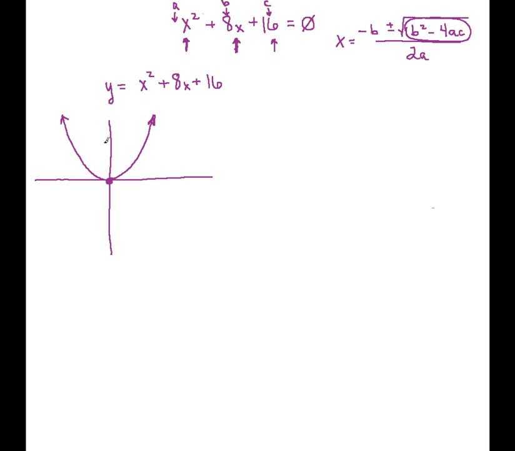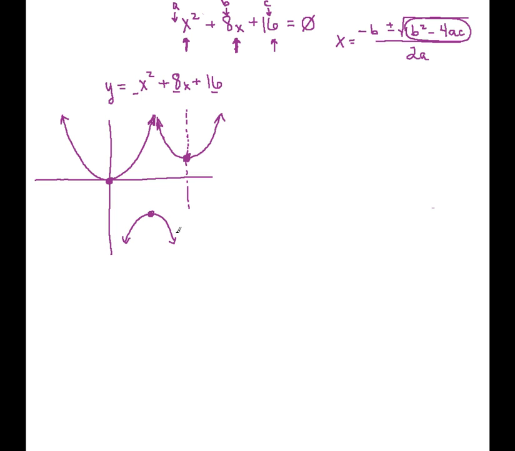And the parabola can be shifted up or down depending on the values of a, b, and c. Maybe it's over here, like this, in which case the vertex is up here. And this is the axis of symmetry where you can fold it in half. Or it could open downward like this, and that's the vertex.